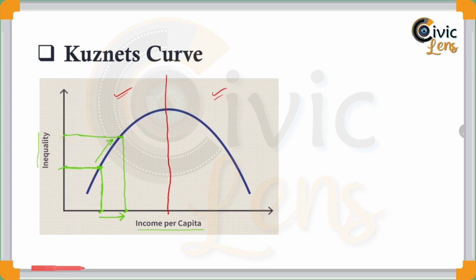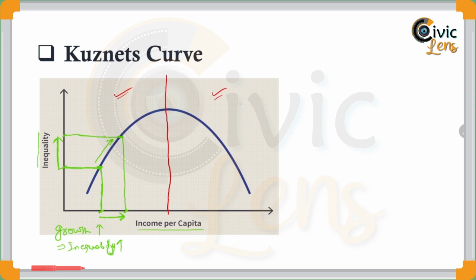And at the same time, income inequality is also increasing from here to here, right? So it means that in this part of graph, as income per capita, that means growth, increases, we can write the finding here. It means that growth is increasing and inequality is also increasing, right? This is the finding in this part of graph.